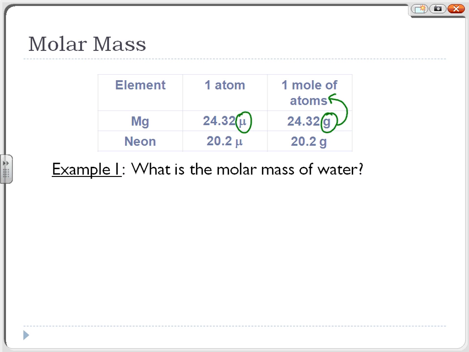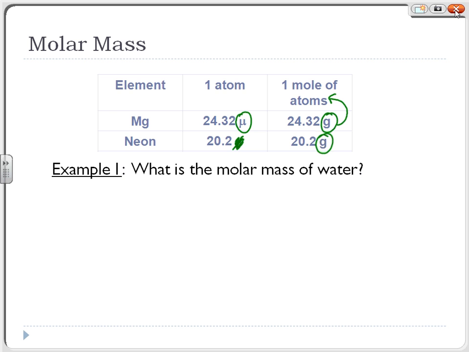So that means if I weigh out 24.32 grams of magnesium, I should have exactly 6.02 times 10 to the 23 atoms of magnesium in that sample. Then the same thing for neon. Again, it's 20.2 AMUs, so my molar mass becomes 20.2 grams. All I do is take away that unit and I put grams. Done. Molar mass.